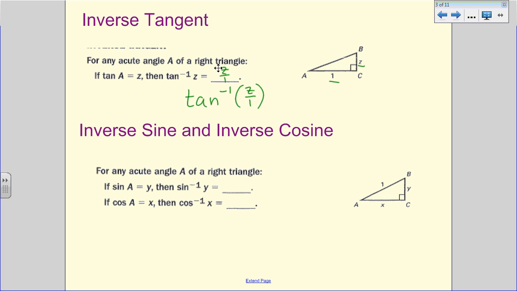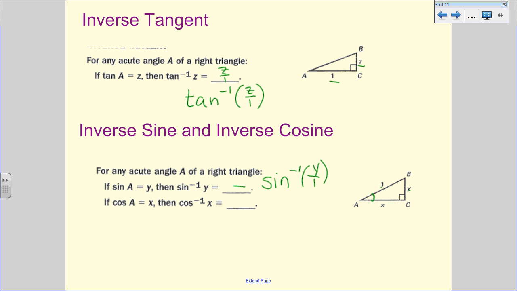Alright then, for inverse sine and cosine, if we look at angle A, guys, if I need to find this angle measurement, because notice there's no degrees there in angle A. There's no degrees in angle B. So I can't find A by subtracting from 90 because I don't have angle B. So what I can do is if I have the sine of angle, if I want to find A, I can take sine inverse, and that's going to be opposite over hypotenuse, so y over 1.